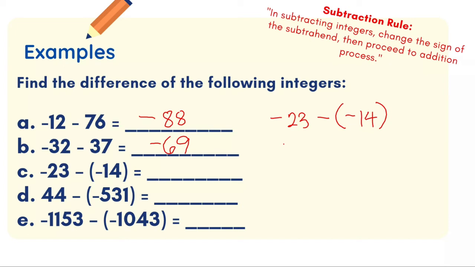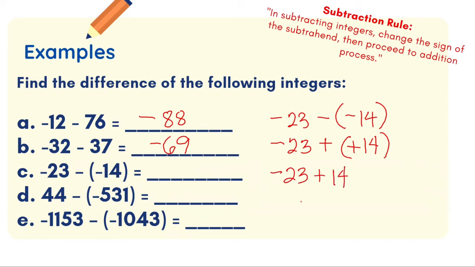So, this time, yung negative ay magiging positive. So, we will change negative 14 to positive 14 and we proceed to addition process. Yan. Ngayon, meron na tayong negative 23 plus 14.